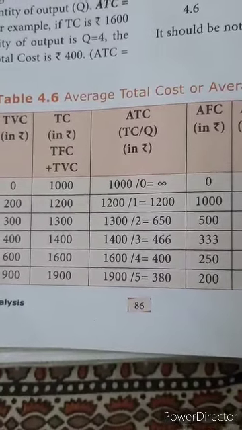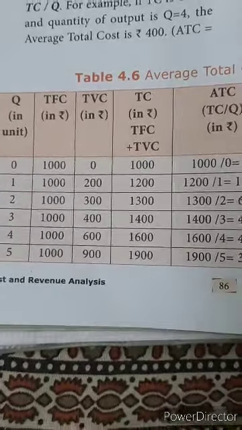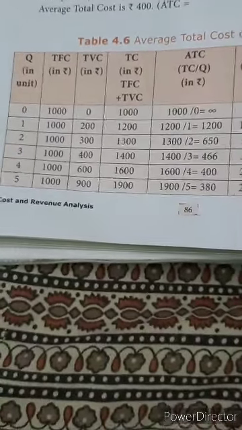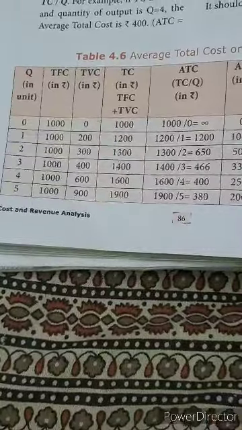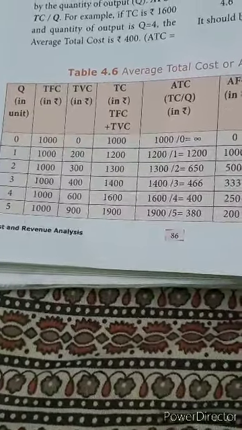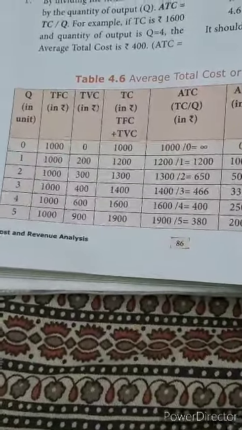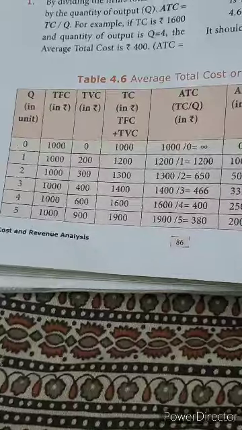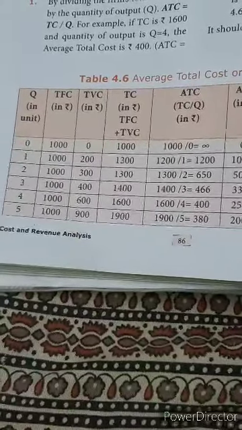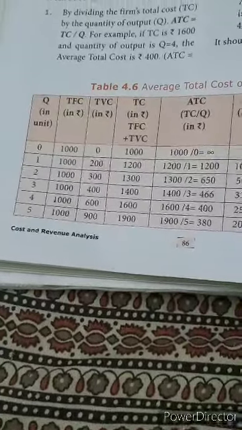Second one, 1200 by quantity 1, so 1200. Then 1300 by 2, so 650. Then 1400 by 3, 466. 1600 by 4, 400. Then 1900 by 5, 380. So this is the average total cost.